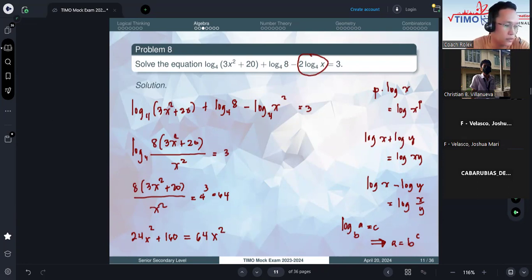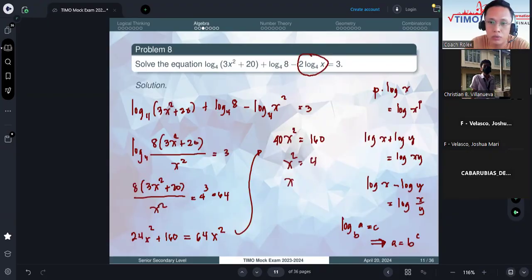Before that, we have x squared. So from here, we will have 40x squared is equal to 160. So x squared is equal to 4. This will become 4. So x is equal to plus and minus 2.